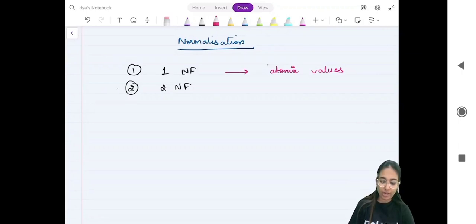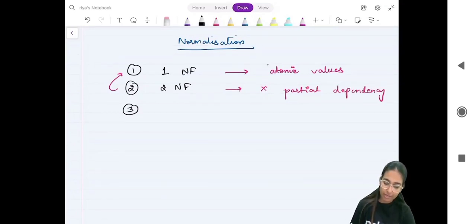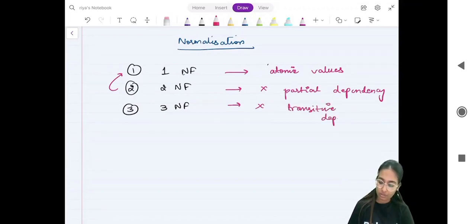For it to be in 2NF, first it should be in 1NF, and there should not be any partial dependency allowed, right? The third one is 3NF. In 3NF, no transitive dependency is allowed, and it should also always be in 2NF first.